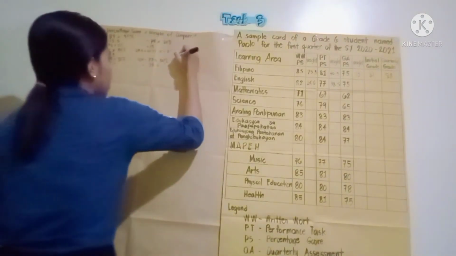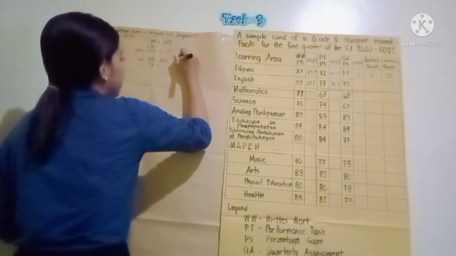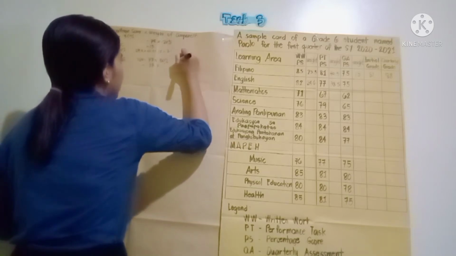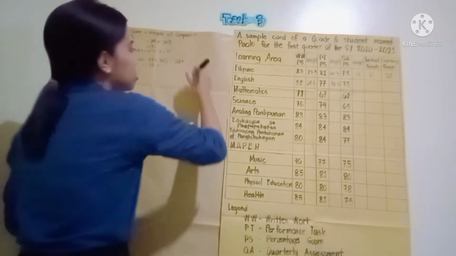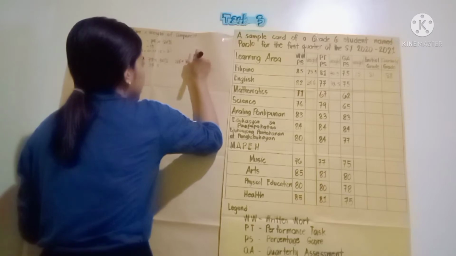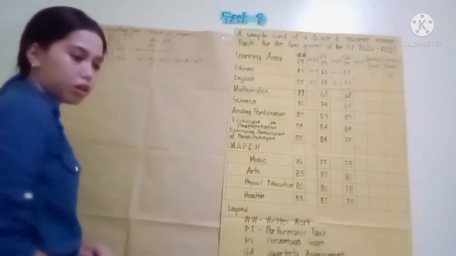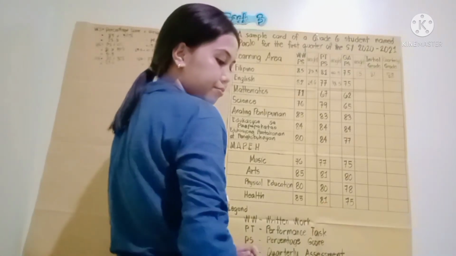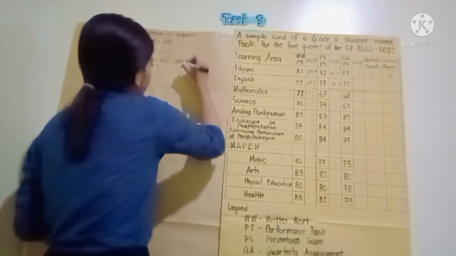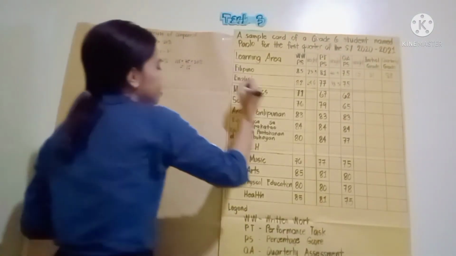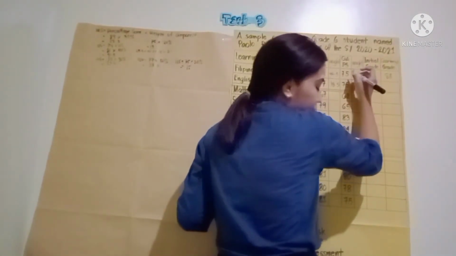Next is getting the quarterly assessment weighted score. Weighted score is equal to 75 times 20%, which is equal to 15.